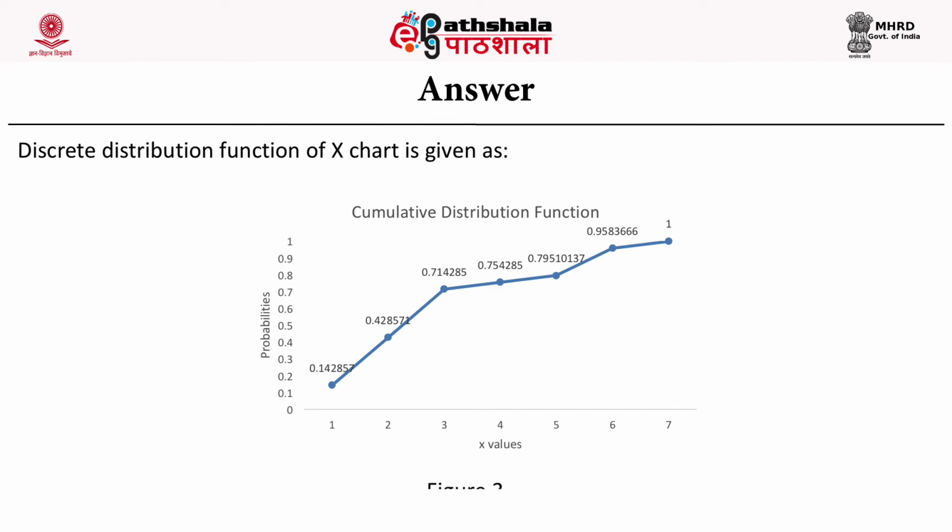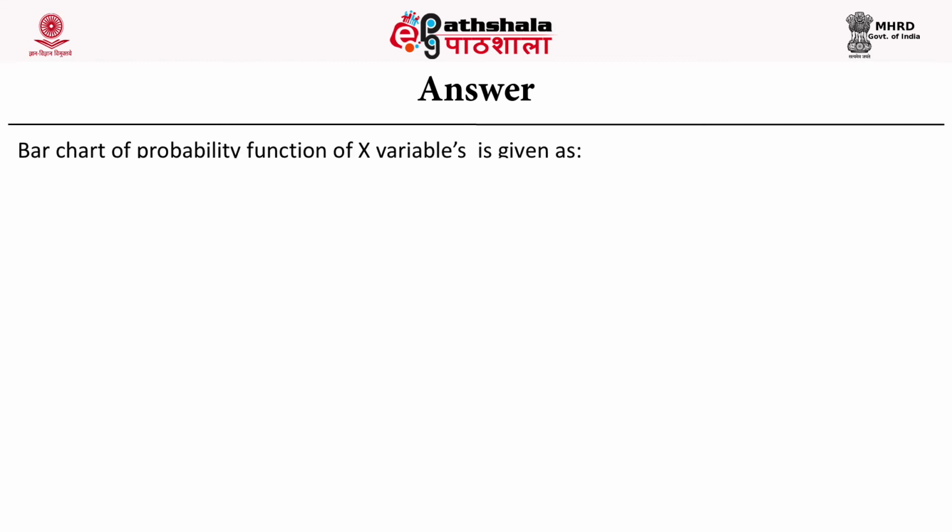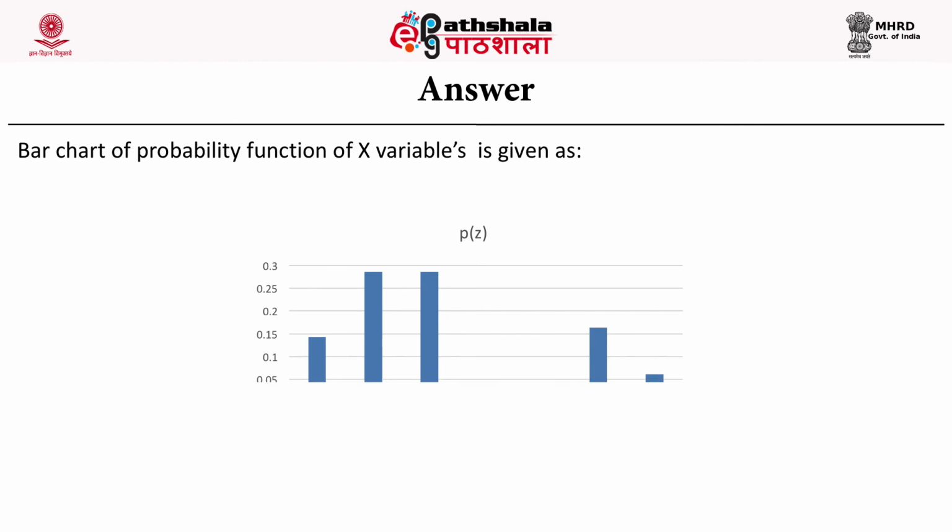The total probability value here comes out to be 1. The bar chart of the probability function of the x variable is given here, and it is the same thing we represented in the previous graph as a cumulative sum. Now we are representing it as individual probability values.